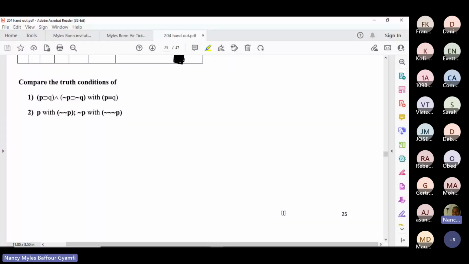You'll find it on your sheet. X biconditional Y is the same as X conditional Y and Y conditional X. That's one interpretation of it. It's also the same as X conditional Y or Y conditional X.